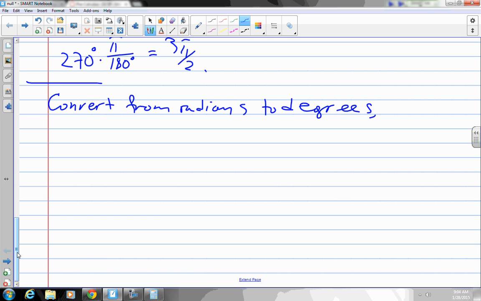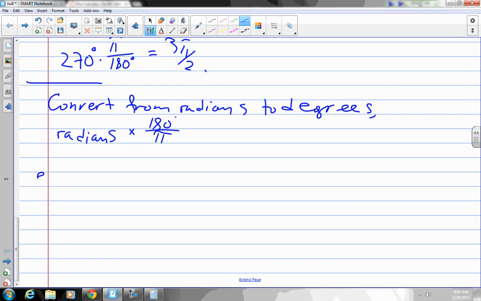So to convert from radians to degrees, we'll multiply the radians by 180 over pi.